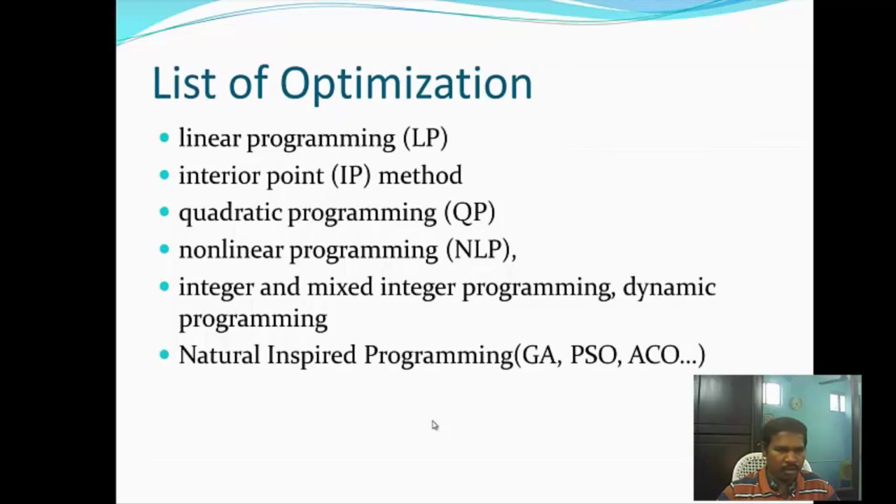What is the list of optimization methods? Already we know linear programming, the interior point method, quadratic, nonlinear, and so on. And finally, we have mentioned nature-inspired programming. When you go for nature-inspired programming, it may be a genetic algorithm, particle swarm optimization, or ACO, ant colony optimization.